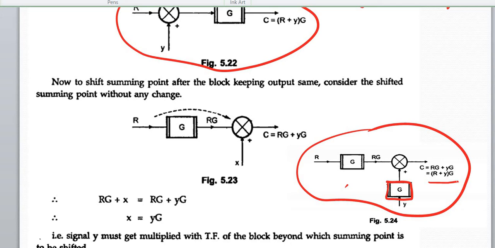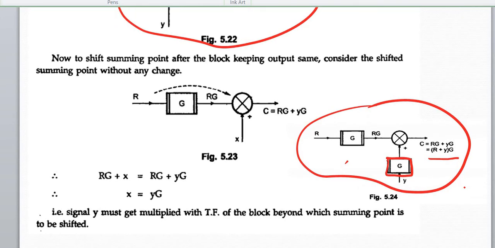I have not gone into detail of rule number 5 because it is exactly similar to rule number 4. The only thing is, there we shifted the summing point behind the block, and here we are shifting the summing point beyond the block. So when you are shifting the summing point beyond the block, you have to add in series the same block.